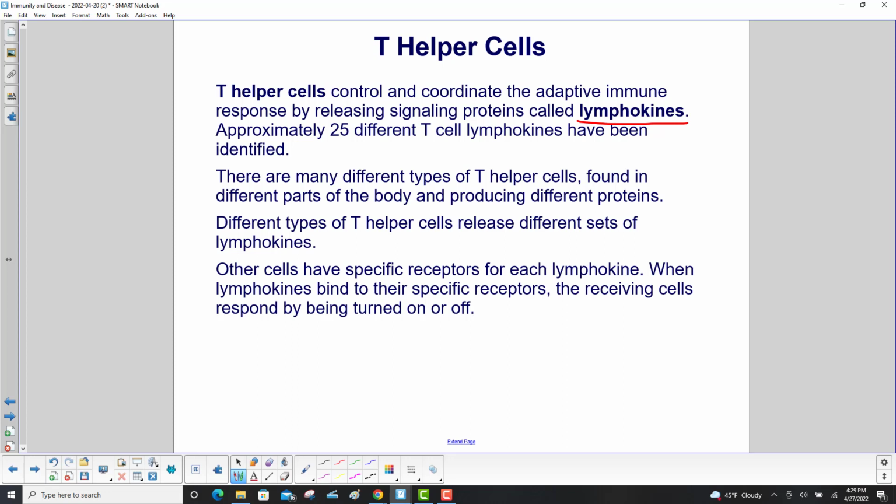There are many different types of T helper cells found in different parts of the body and producing different proteins. Different types of T helper cells release different sets of lymphokines. Other cells have specific receptors for each lymphokine. When lymphokines bind to their specific receptors, the receiving cells respond by turning on or off.